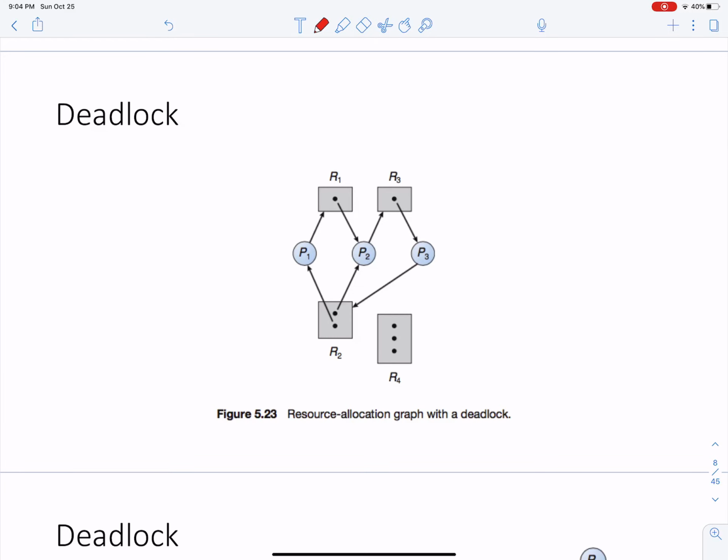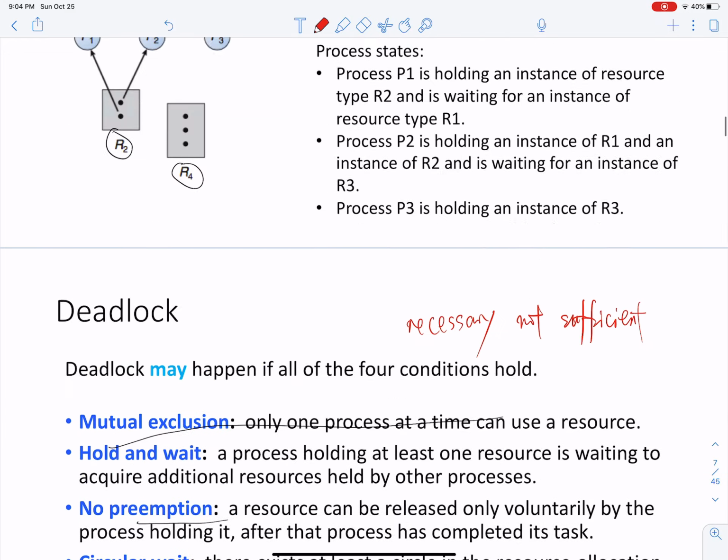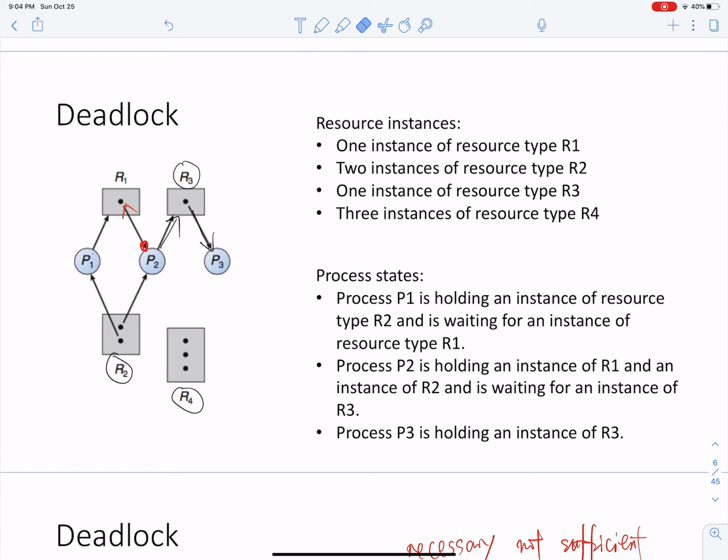So if we go back to the previous graph, in this graph we can definitely say that all these four conditions are satisfied, and especially we got a circular wait over here. However, there is no deadlock here, because we can let P3 execute first.